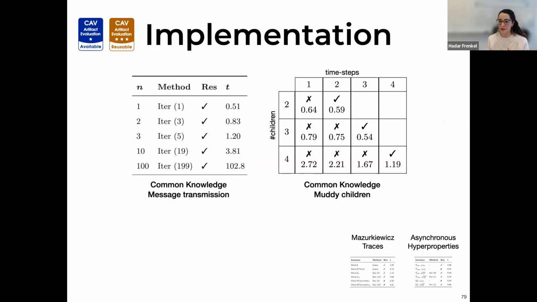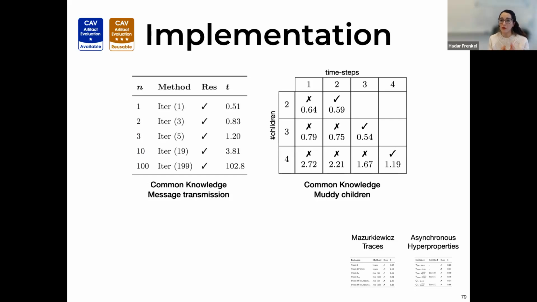And we tried it on a set of examples. I'm not going to go over them in too much detail. What you see here on the left is an example of common knowledge. It's similar to what I showed you here, but here we wanted an example in which we can prove that common knowledge holds. Therefore our question was something like whether it's common knowledge that the message was not sent at the first time step.